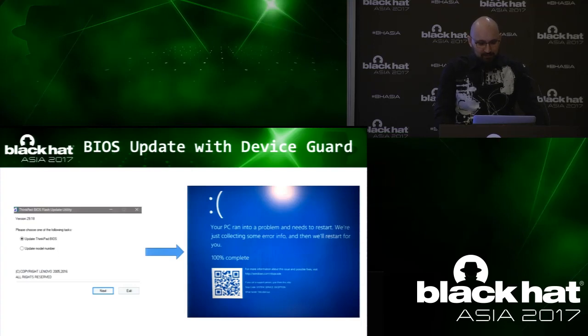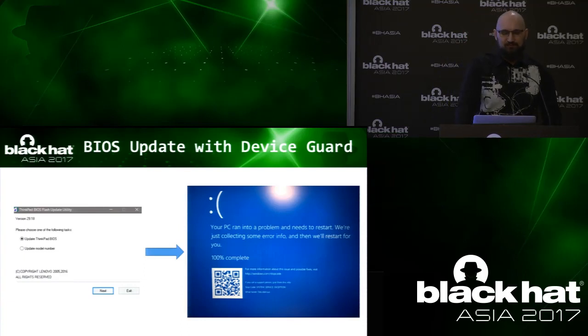And we actually have some conclusions from the reverse engineering of this issue. It's very synthetic, can be used for modifying device guard policies, but it can be useful for DoS on the platform.